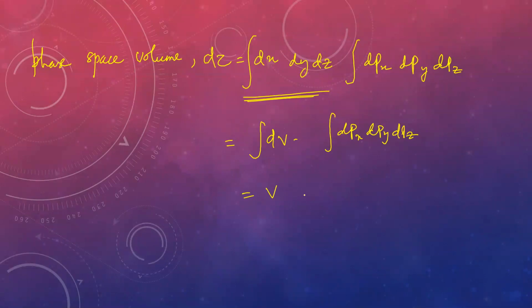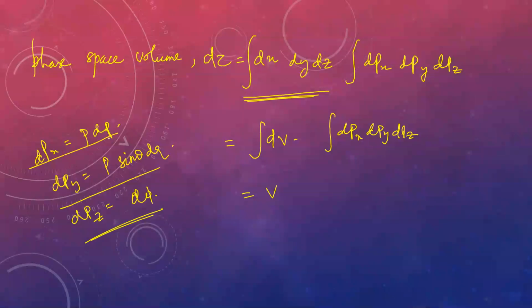So this one becomes V, okay, and dpx I can write as p dp, dpy as p sin theta dθ, and dpz as dφ.